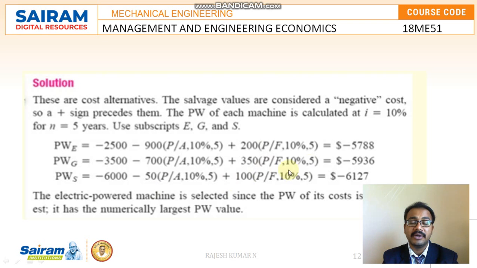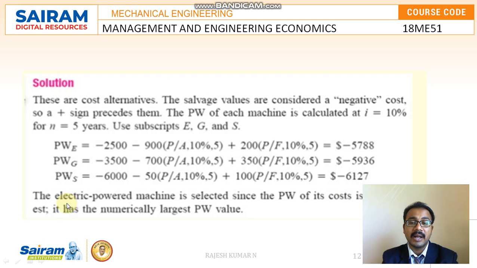So that is 200. After calculating in Excel, I get $5,788. Similarly for the gas, following the same method, I get 5,936. And for the solar, after substituting all the values, I get 6127.